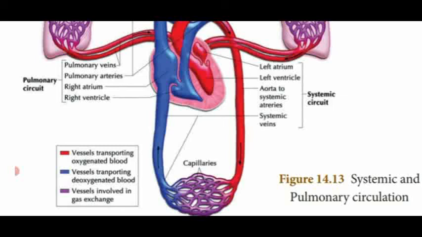The red color shows vessels transporting oxygenated blood, that is arteries. The blue color shows vessels transporting deoxygenated blood, that is veins. Then the violet color shows vessels involved in gaseous exchange. See that one.